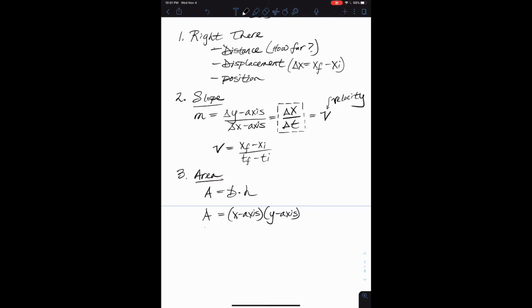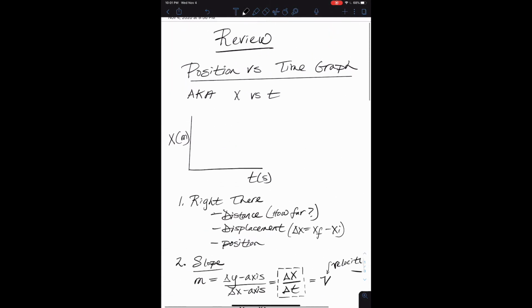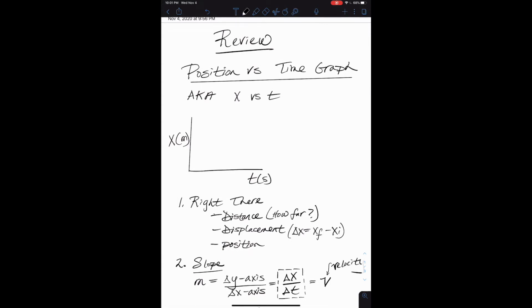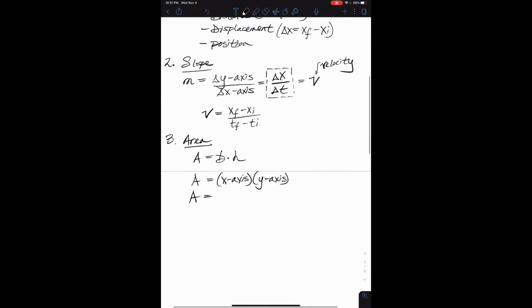Well, okay, what does that mean for a position versus time graph? Well, the base would be time and the height would be position, right? So we have the x-axis being time and the y-axis being position. And what happens when you multiply time times position, right?